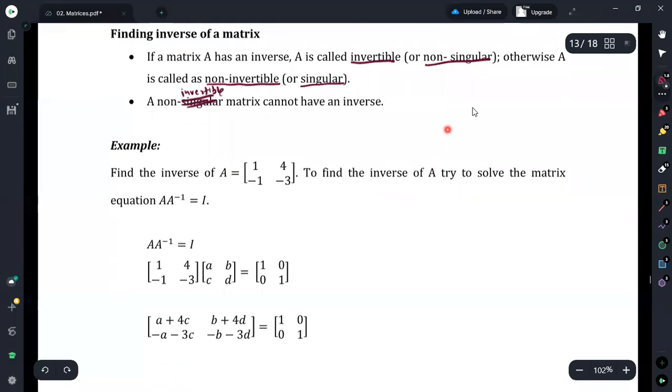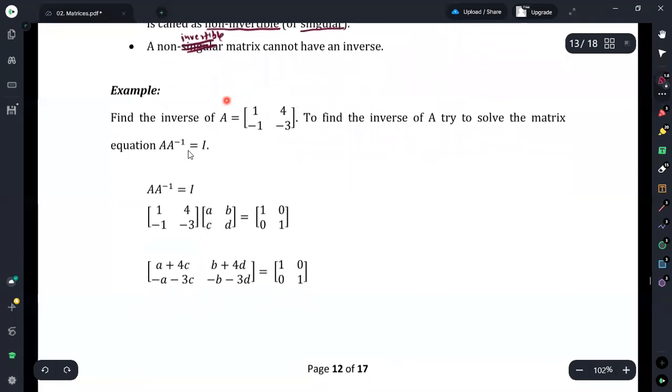Now, using the concepts that we have discussed previously, we'll see how we can find the inverse of this given matrix. Here matrix A is given as 1, 4, -1 and -3. What we know is that for a 2 by 2 matrix, A inverse should also be a 2 by 2 matrix.